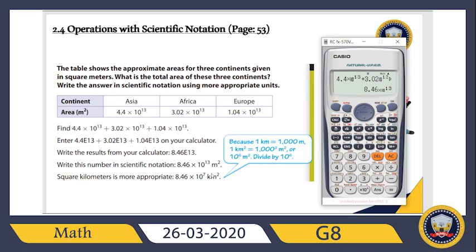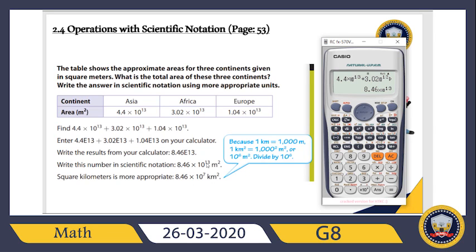Now here is a small remark. This is meter squared because my area is in meter squared. But sometimes if the number is very huge, like this, we convert the meter squared into kilometer squared. How to convert? So 1 kilometer squared contains 1,000 or 10,000 meters squared, right? So I need to convert this number.